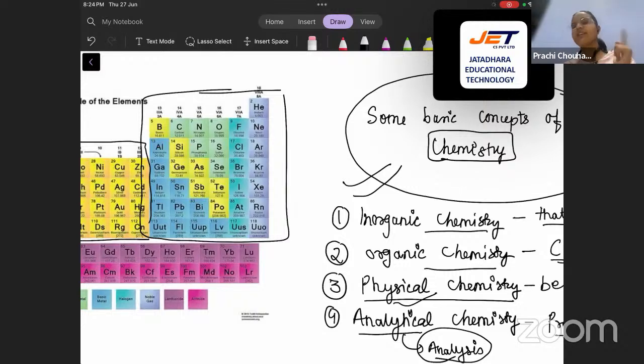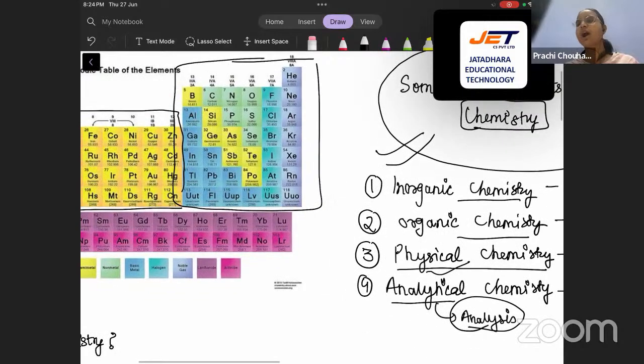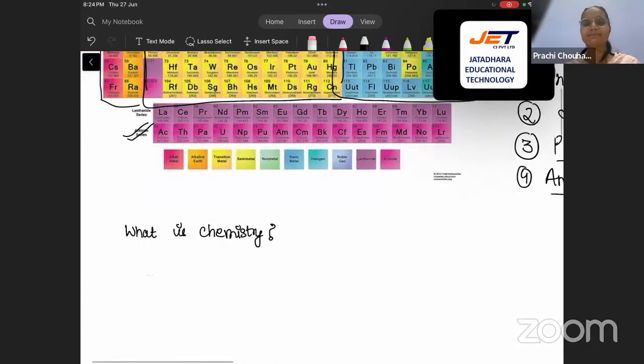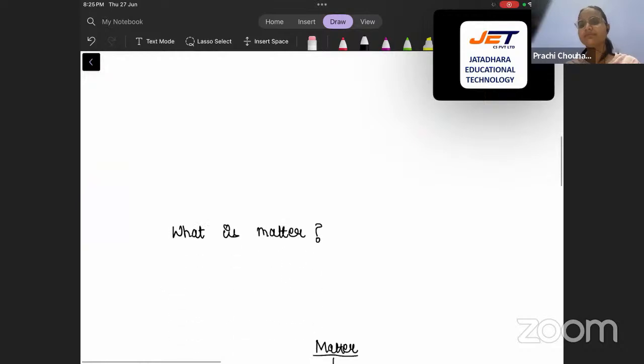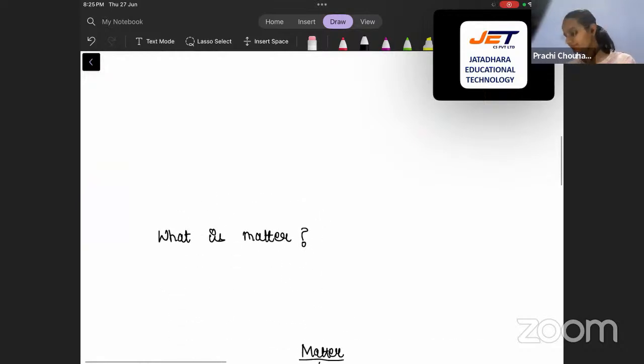This is the chapter that you learned in 9th standard, matter around us. So how do we define matter? Yes, you have to be very quick.